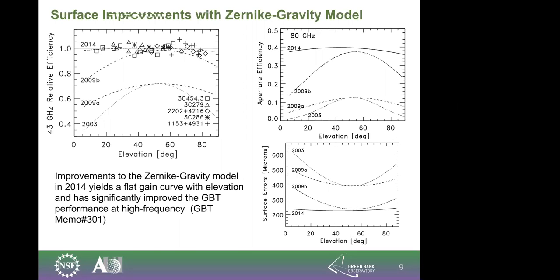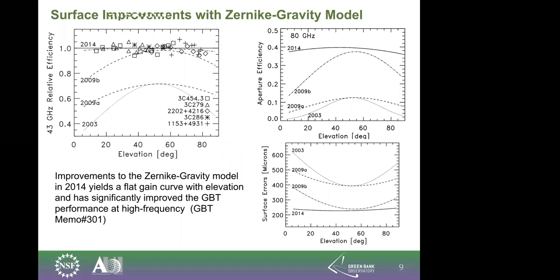You can really see how well the surface has improved by including these Zernike models and these auto OOFs in order to get the best dish surface possible. This figure shows how it has changed over the years and how we've been trying to improve the best efficiency we can get with the GBT.